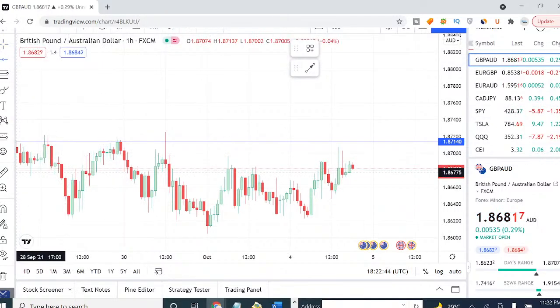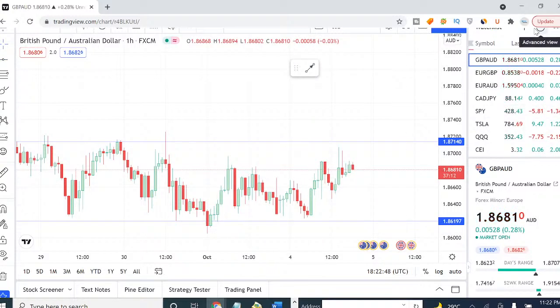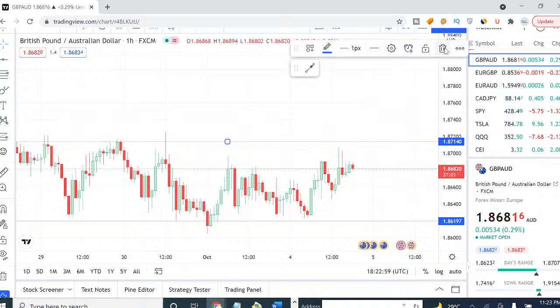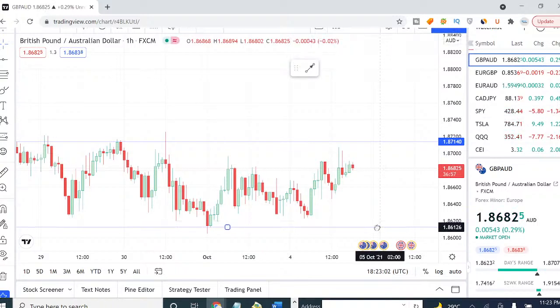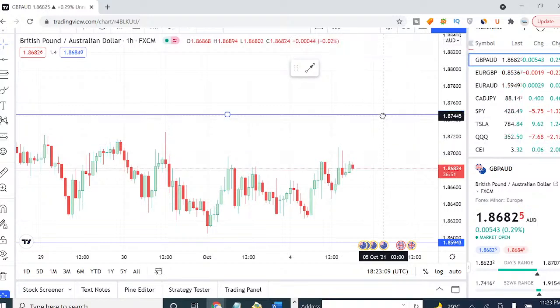So another line. If I put the line from here to here, you can see the market is moving in between these two blue levels. That's not good for trading health. Let the market break that level.